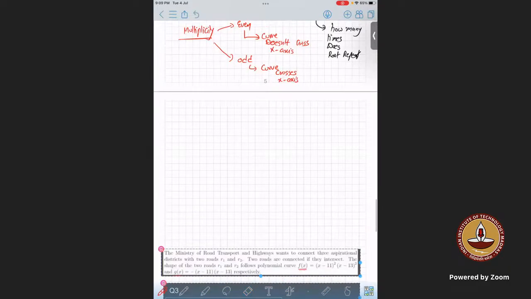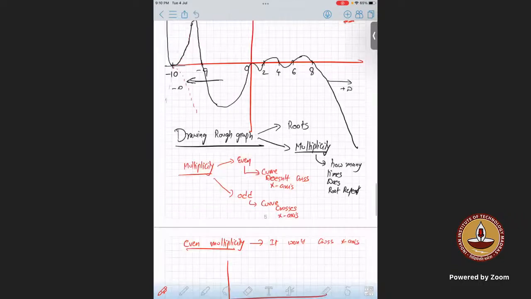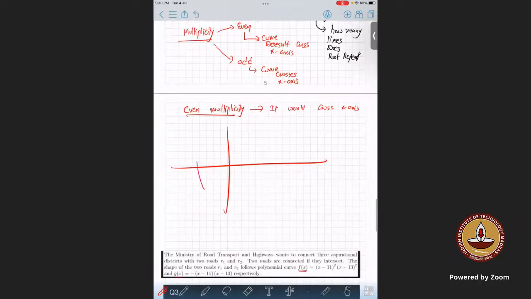Look, even multiplicity means it won't cross the x-axis. For suppose, in the above graph, it goes from down to the top.